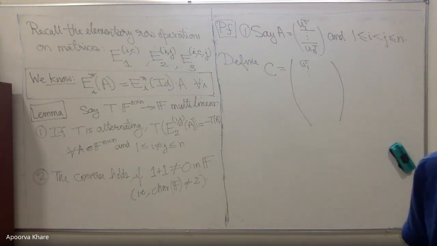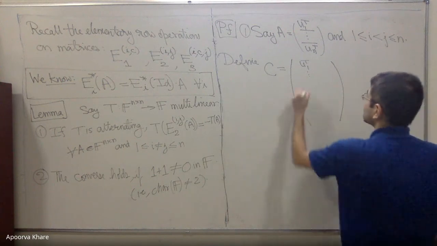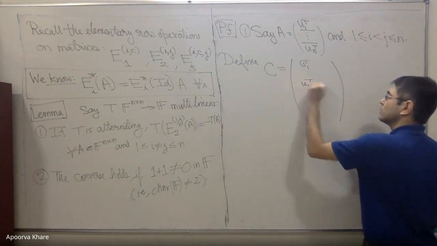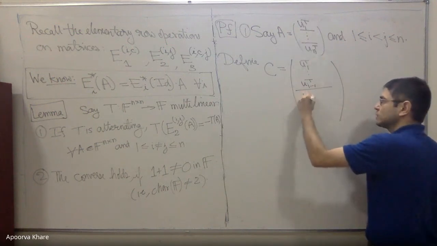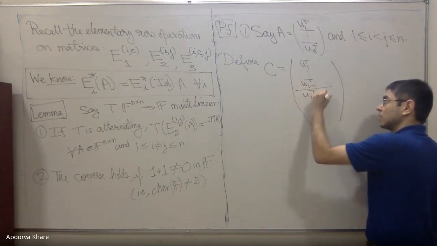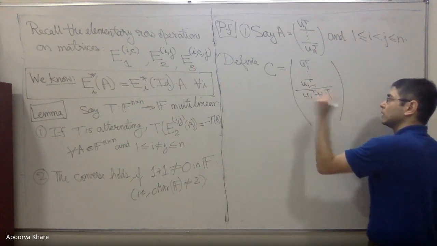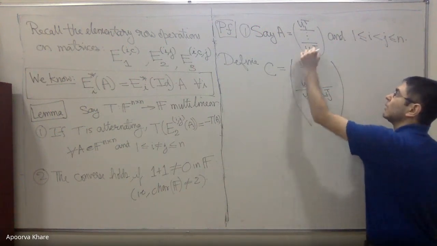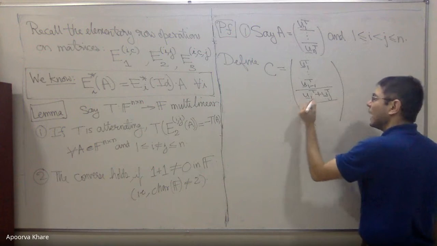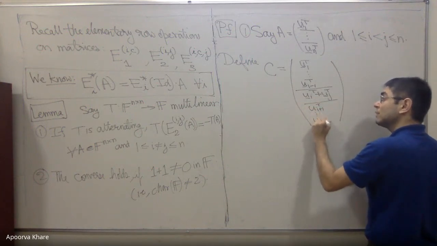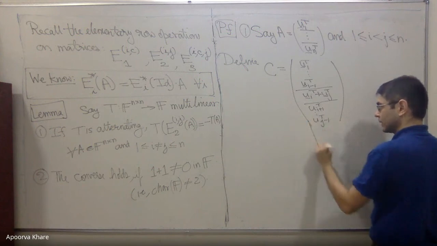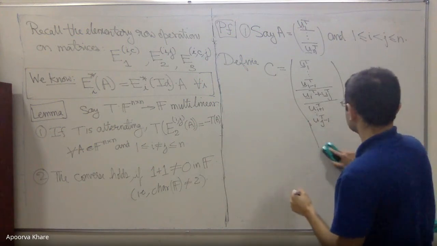Then I get what? Let's say U(i-1) transpose. And now here, instead of saying Ui transpose like here, I say Ui transpose plus Uj transpose. And then I again do the same, U(i+1) transpose, and so on, until U(j-1) transpose.